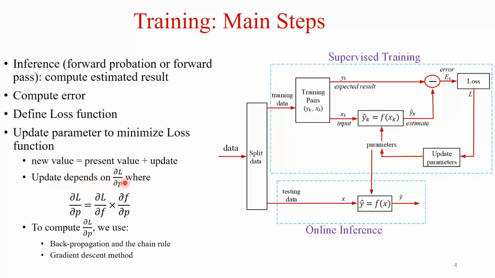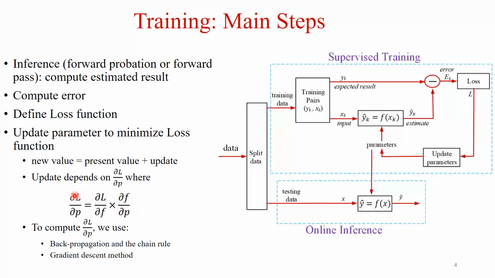Well, it has a little bit of math in it, and we'll see that we have techniques that simplify that. It is really the derivative of the loss function with respect to the parameters. But it turns out the derivative of the loss function with respect to the parameters is equal to the derivative of the loss function with respect to the function, multiplied by the derivative of the function with respect to the parameters.